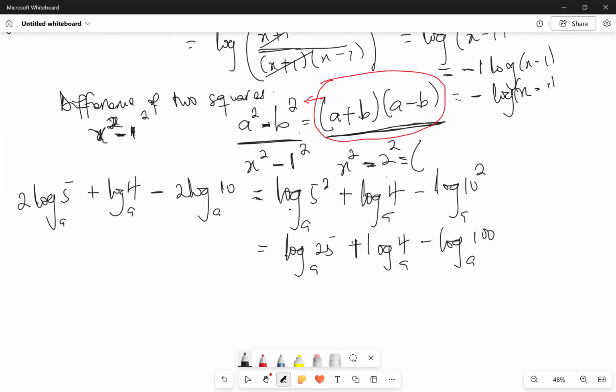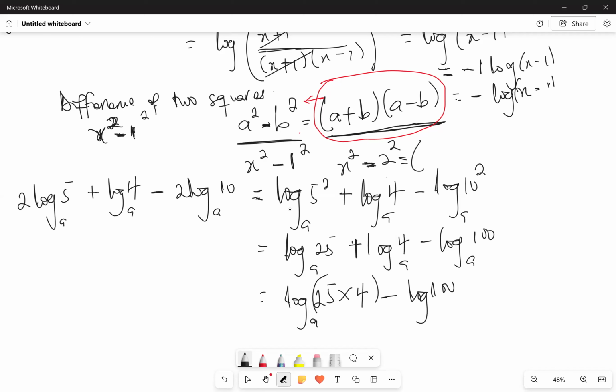Then you can solve them one after the other. Log 25 base A. Remember, 4 is also expressed on the same base. So since they are adding, I'll multiply, so times 4. Then minus log.